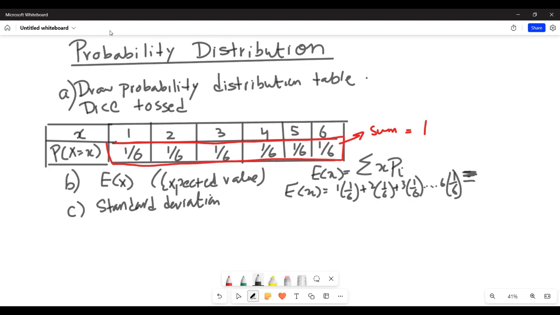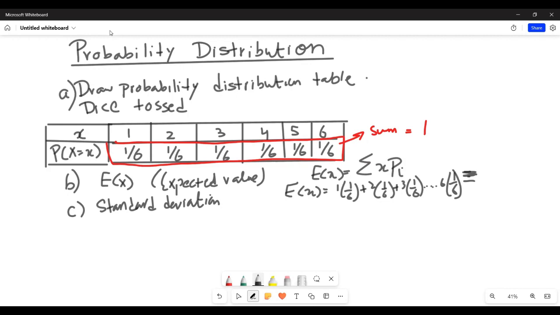Okay, first we find this value. So 1 times 1 by 6, it's going to take a while, plus 2 times 1 by 6, plus 3 times 1 by 6, plus 4 times 1 by 6, plus 5 times 1 by 6, plus 6 times 1 by 6.